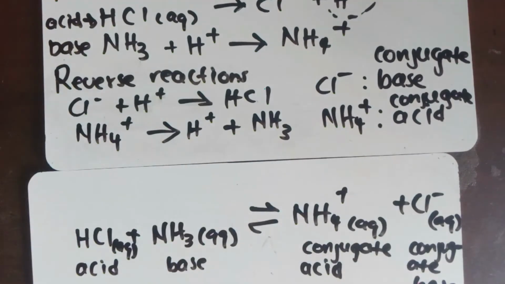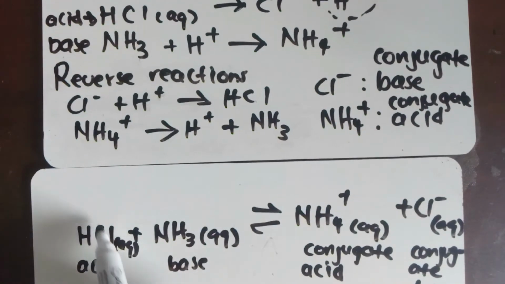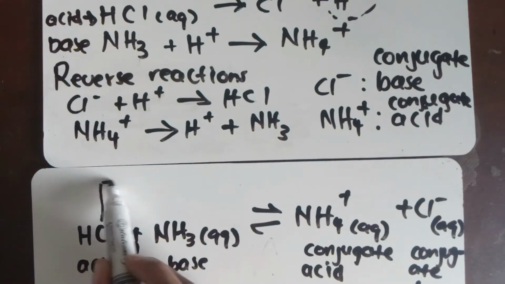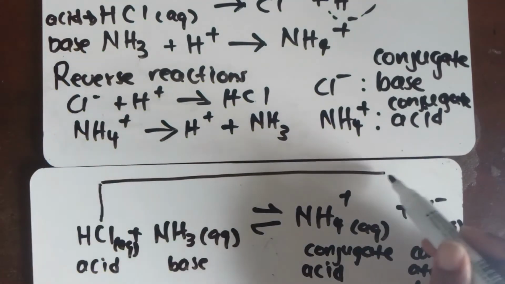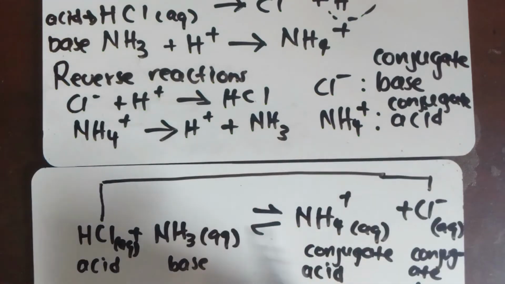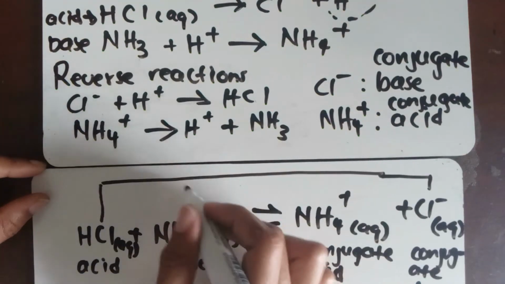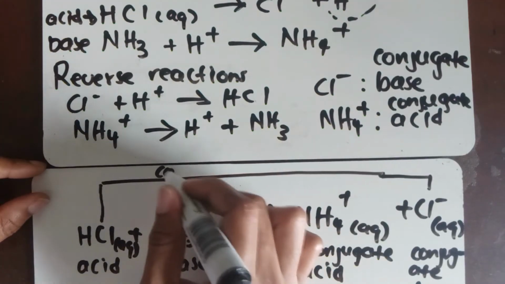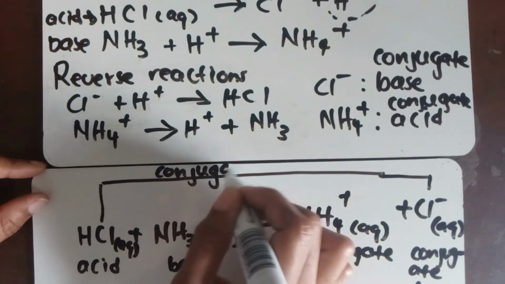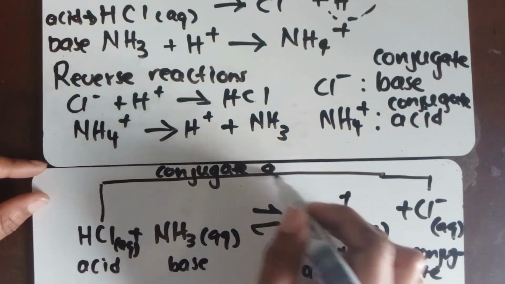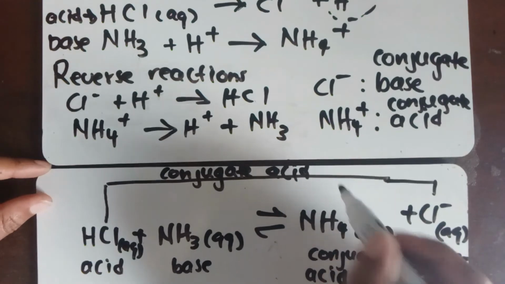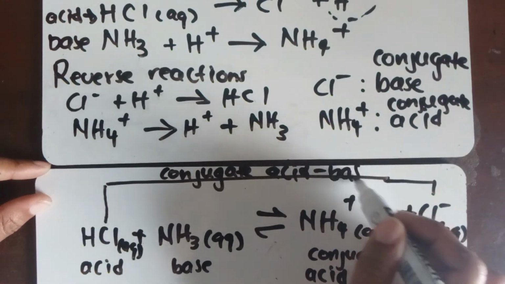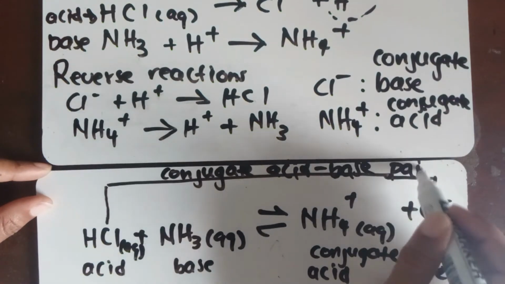So what are you noticing? HCl with Cl minus will form what we call a conjugate acid base pair, right?